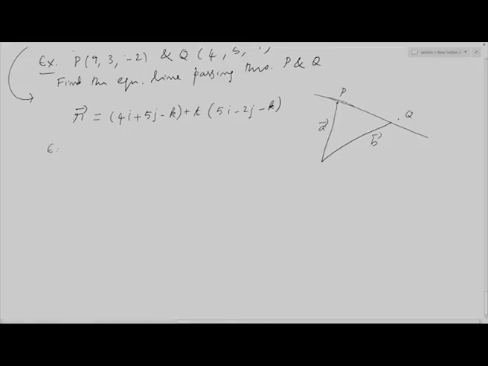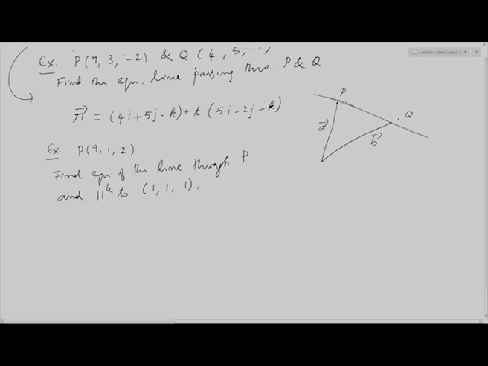Similarly, I give one more simple example. If I have a point P which is (9, 1, 2) and I want to find the equation of the line through P and parallel to the vector (1, 1, 1).